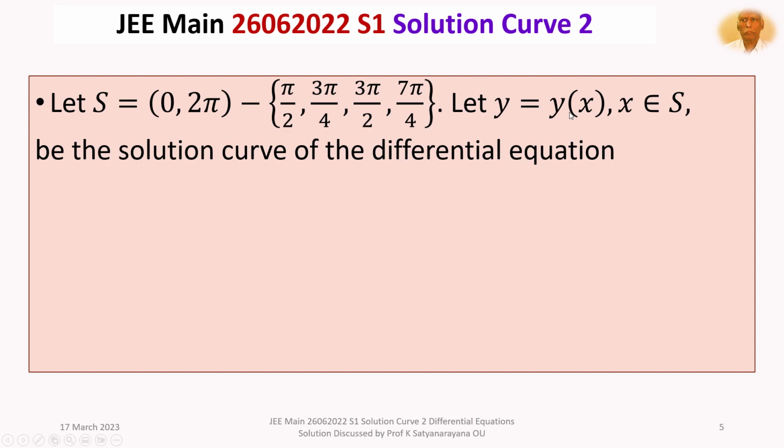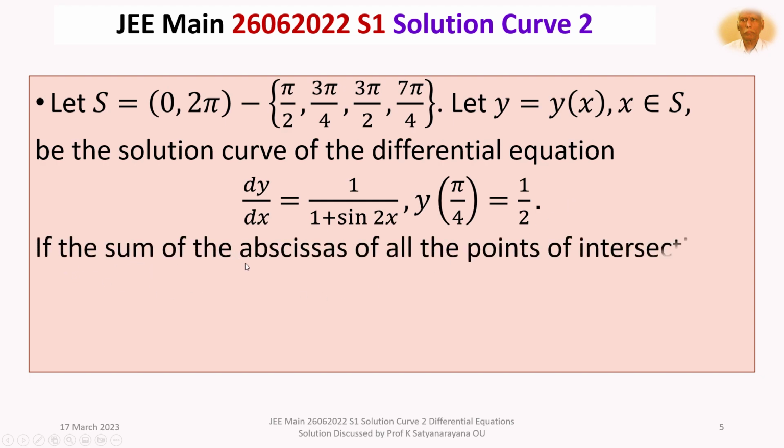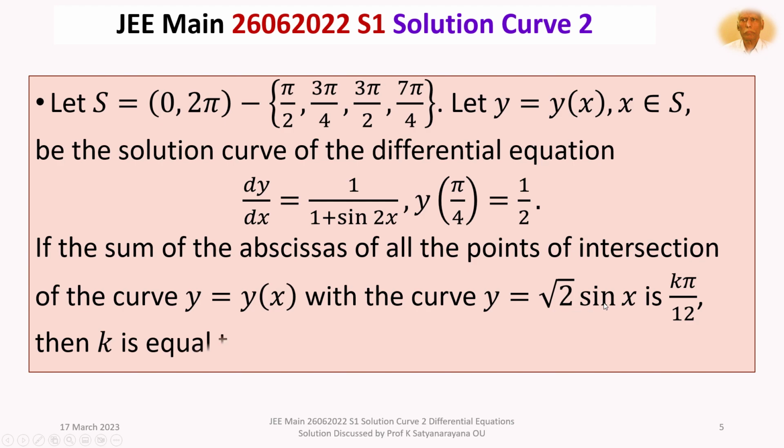Let y = y(x), where x belongs to S, be the solution curve of the differential equation dy/dx = 1/(1 + sin 2x), y(π/4) = 1/2. If the sum of the abscissas of all the points of intersection of the curve y = y(x) with the curve y = √2 sin x is kπ/12, then k is equal to.